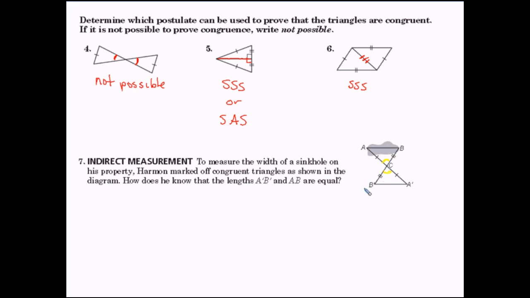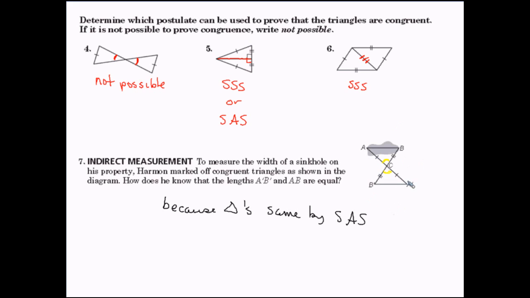So he'll know that AB and A prime B prime are the same because the triangles are the same by side, angle, side. And if you have two congruent triangles, if one part is the same, all of the parts are the same. So that would make these two lengths the same size.